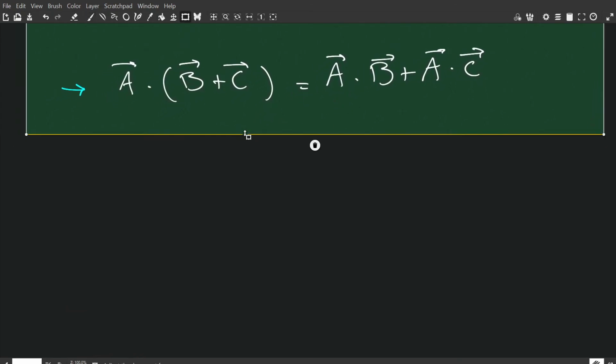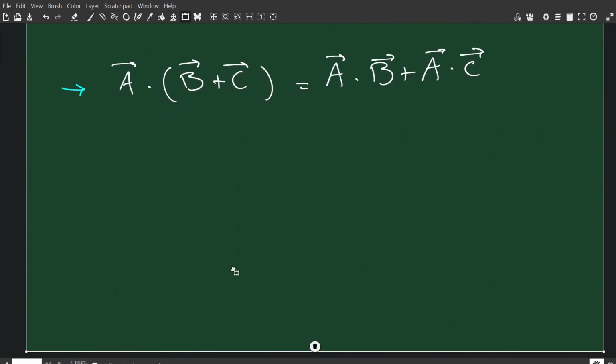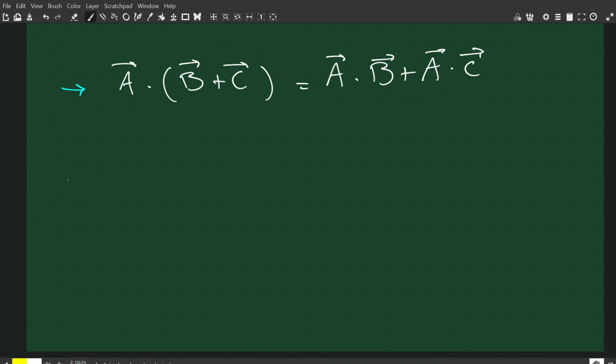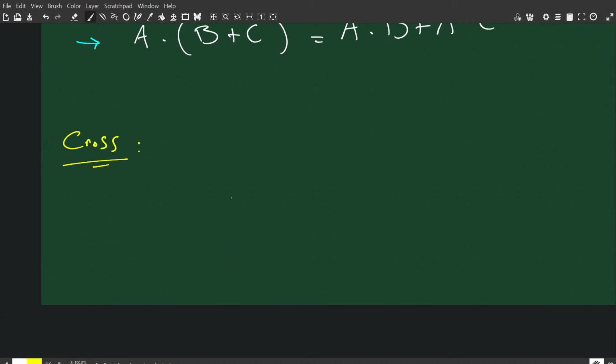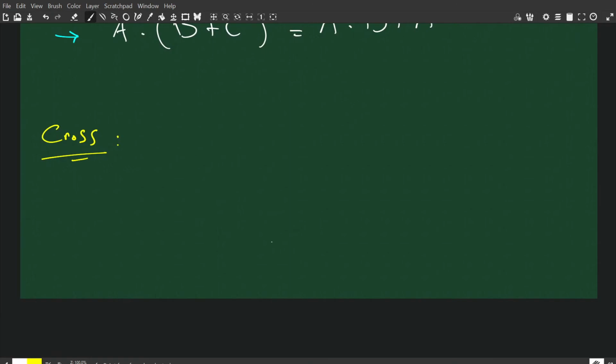Another multiplication method is cross product. It will be defined with this method.